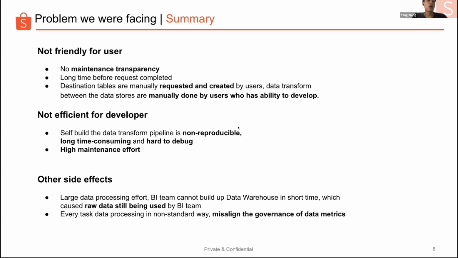Then we need to verify data by checking every step of the transformation, which is full of business logic that developers may not be familiar with. Generally speaking, a self-built data transformation pipeline is non-reproducible, time consuming, and hard to debug.